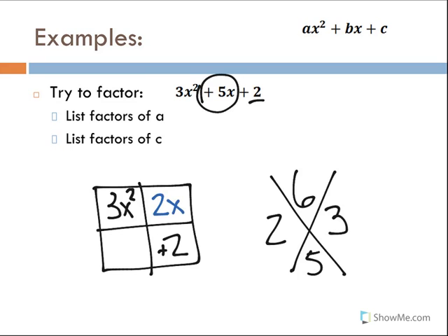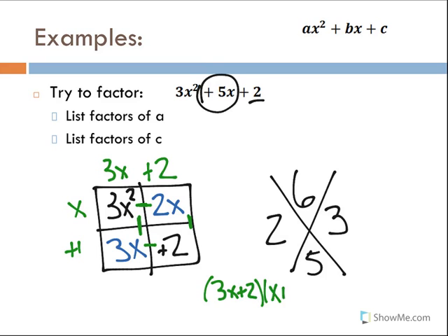I'd put my 2x here and my 3x there. Again, we look at our columns and rows. What do they have in common? These ones share a 3x. These ones share a 2. These ones share an x. And these ones would just be a 1. So 3x plus 2 and x plus 1 would be our factors.